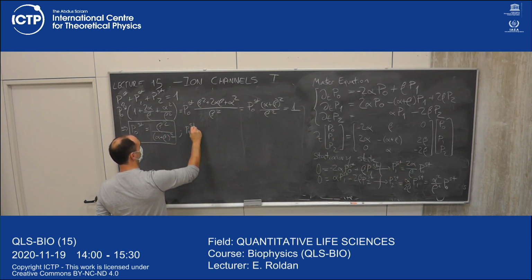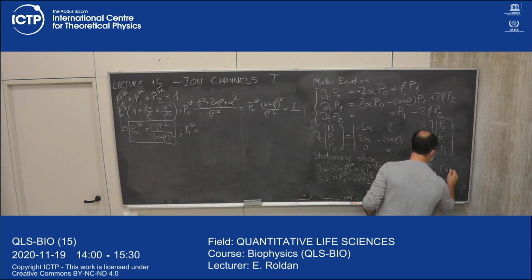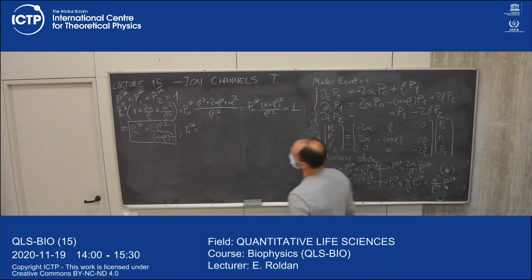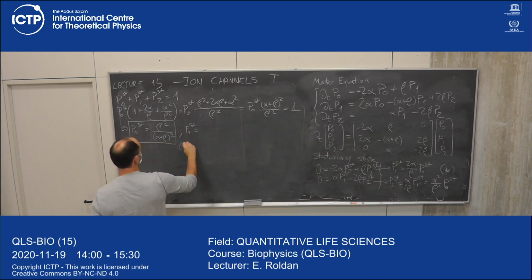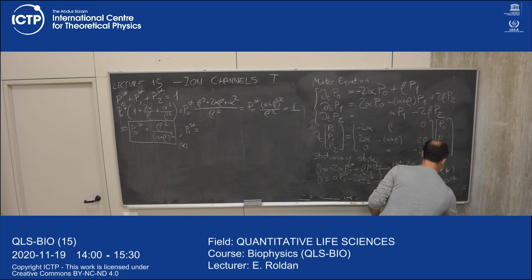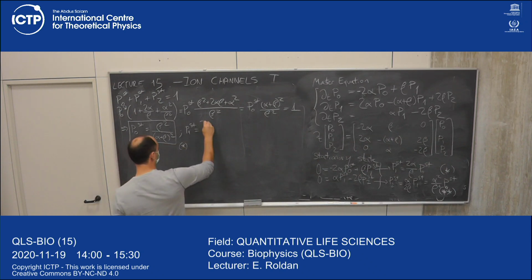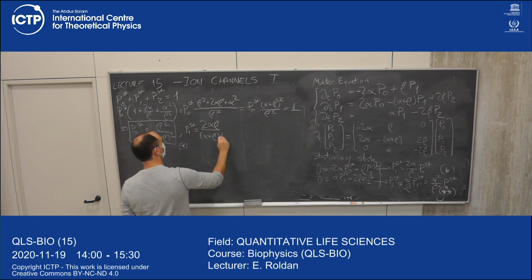P1 stationary is, I'm using this equation, and these are called double asterisk, first asterisk, becomes 2 alpha beta divided by alpha plus beta squared.